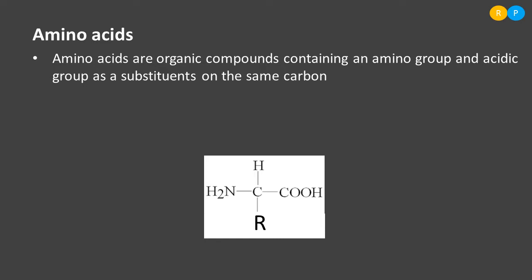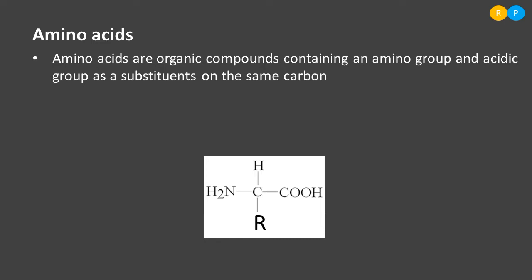The alpha carbon of amino acid is attached with a carboxyl group at one end. COOH, what you are observing in the structure, is called the carboxyl group. The carboxyl group is an acidic group, right? And just opposite to that we can see the amino group, NH2. The amino group is a basic group.